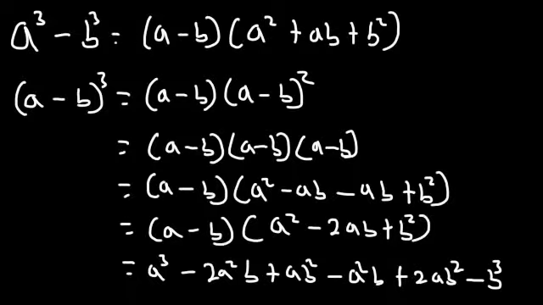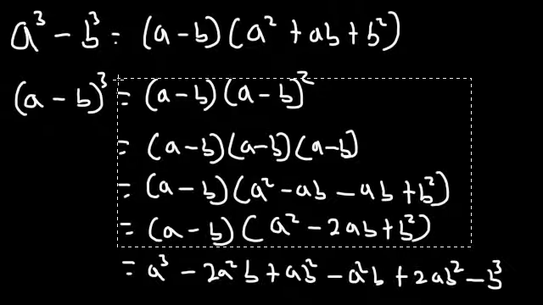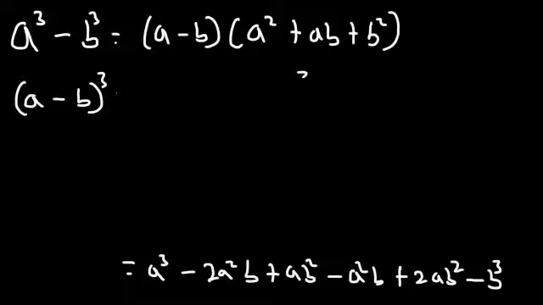Excellent. So now at this point, let's get rid of this because we have the space. But don't forget, what we have at the left hand side is still equal to everything we have right here. So this is equal to, let's add like terms. We have a to the power of 3. I would like to bring b to the power of 3 next to a to the power of 3, so that's minus b to the power of 3.